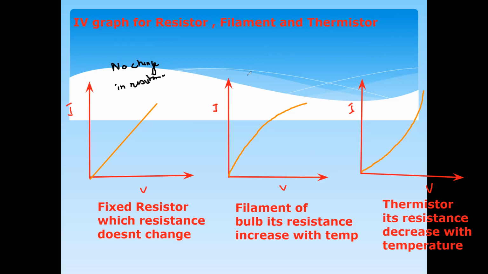The second one, resistance increases. And the third one, the resistance is decreasing. Is it clear, the three graphs for resistor, filament, and thermistor?